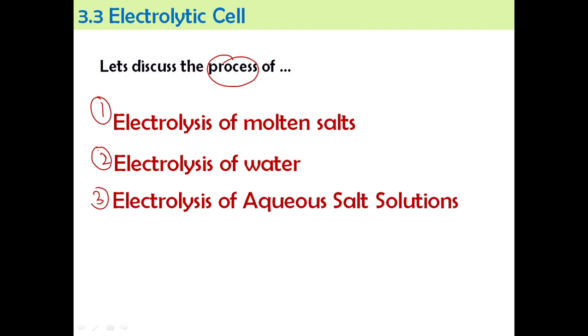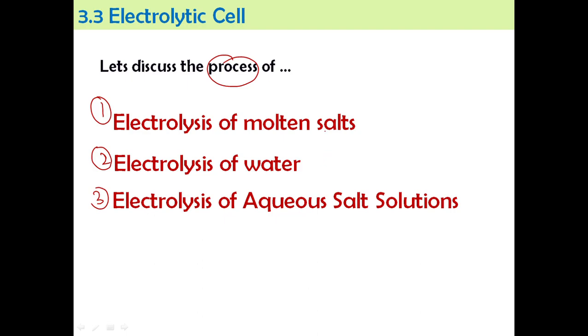Okay, jadi apa yang penting dalam 3.3 adalah kita sebenarnya nak predict what is the product at anode and cathode for this electrolysis process. Okay, so untuk galvanic cell, kita concern more on the cell potential, the voltage. Okay, berapa cell potential yang terhasil. For electrolytic cell, kita concern dengan produk. Okay, apa produk dekat anode, apa produk dekat cathode.